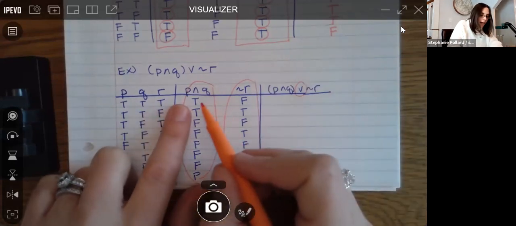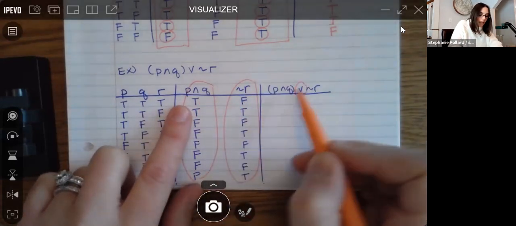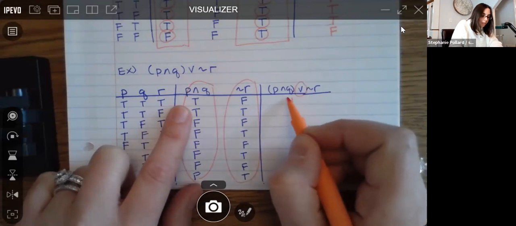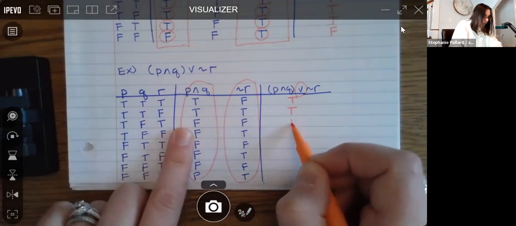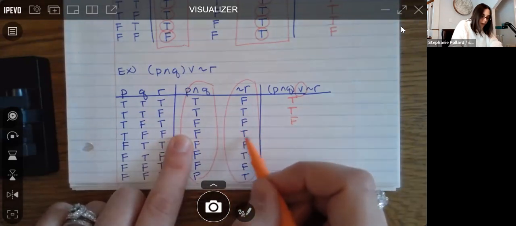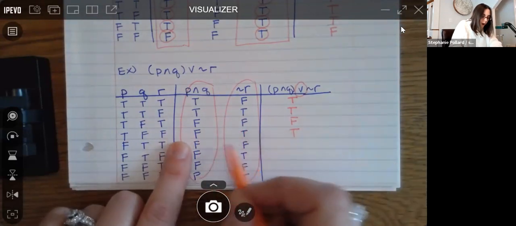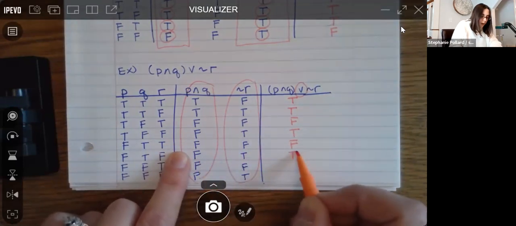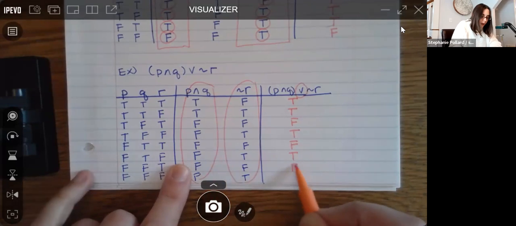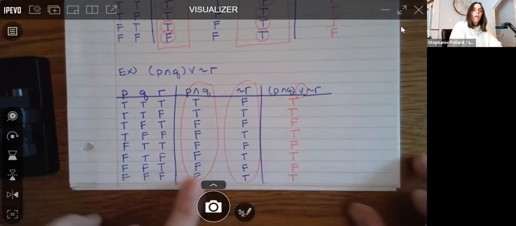As long as one of them is true, again, because it's or, the answer will be true. So true. Here I have a true. Here they're both false, so it will be false. Here I have a true. Here they're both false, so it's false. Here I have a true. Both false. And then finally a true.